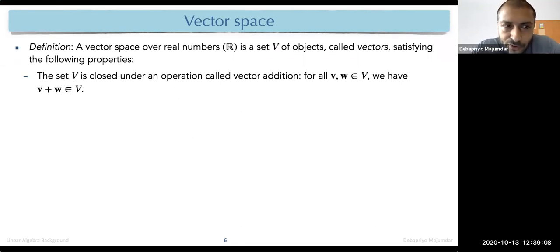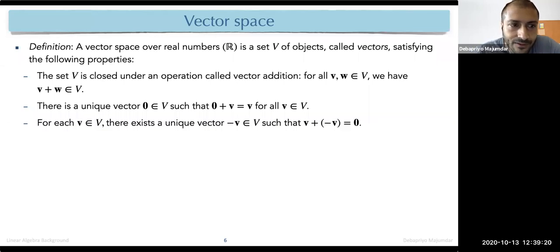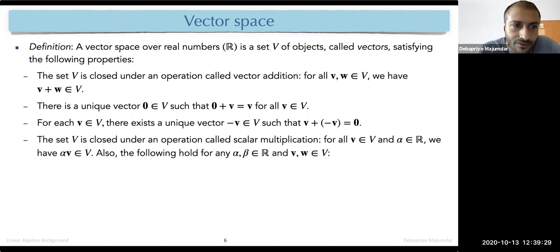That means if you add two vectors, it will remain a vector within the same set. There is a unique zero vector which, if you add to anything, will not change that vector. And every vector has a minus v, so that v plus minus v will be 0.